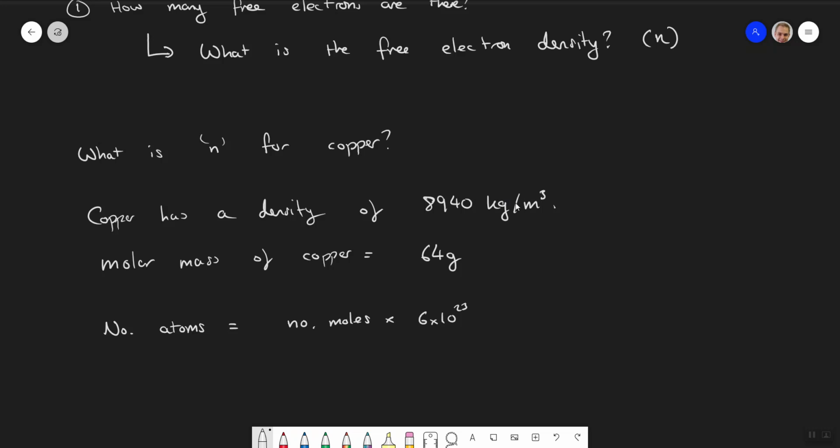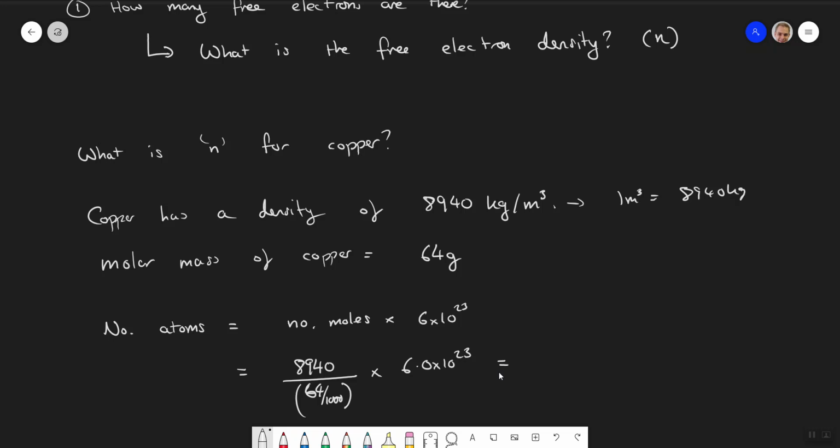So if I had 1 meter cubed equals 8,940 kilograms, and I take 1 cubic meter and draw it out into a wire, I've got this number divided by this number. So I end up with 8,940 over 64 over 1,000 times 6.0 times 10 to the 23.